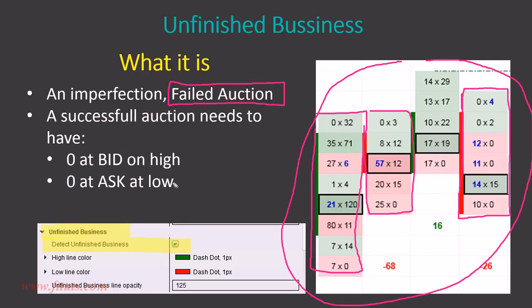You can tell that there is 0 at bid on high, in here, in here, in here, and that there is 0 at ask at the low, in here, and in here. You know, when the prices change, when markets move, this is basically a never-ending auction, alright?